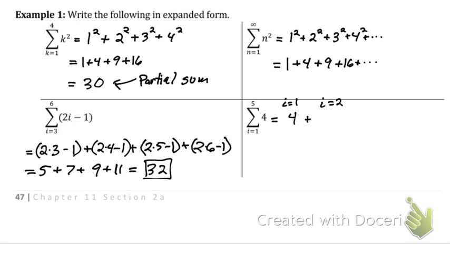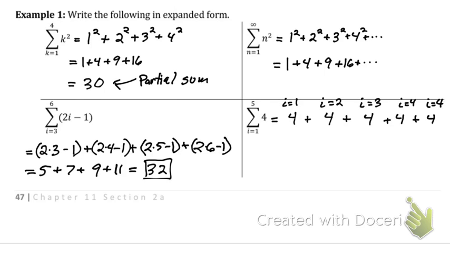Well, when I equals 2, it has no effect on the equation either. So we still have 4. When I equals 3, it has no effect on the equation. You still have 4. When I equals 4, it's still just plus 4. And finally, when I equals 5, it just equals 4.